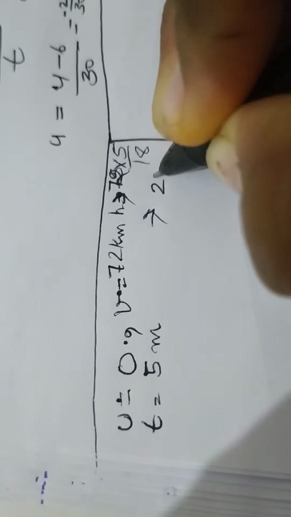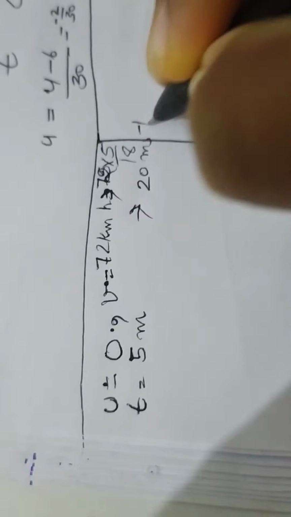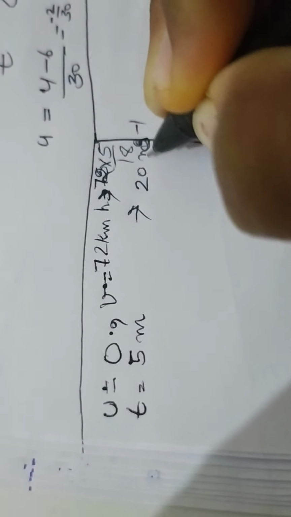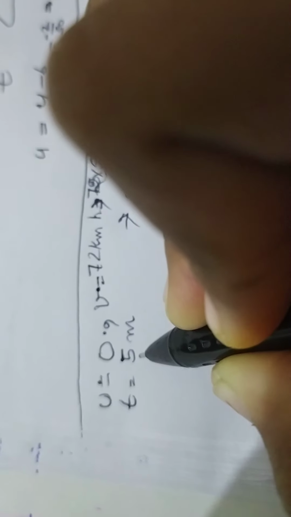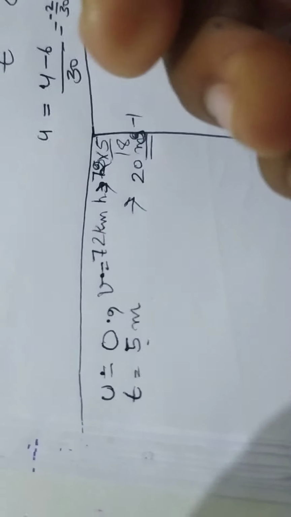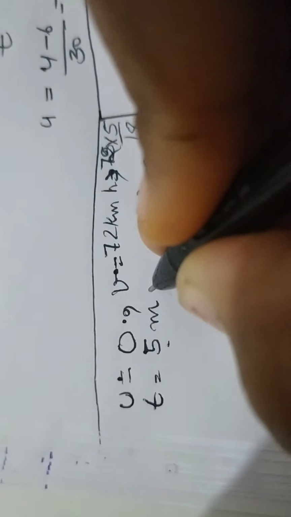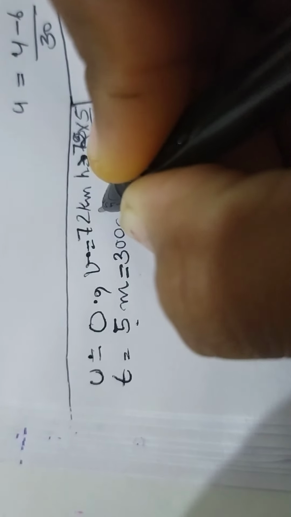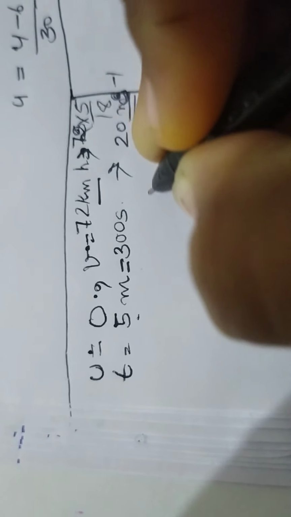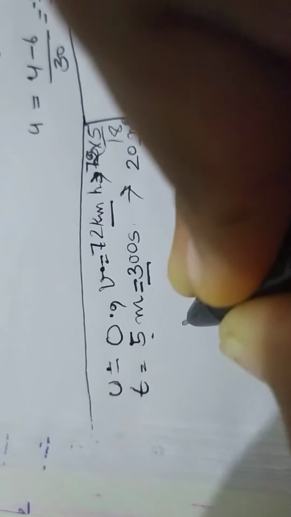We get 20 meter second minus 1. And see here, this is meter second and this is minute. There are 60 seconds in 1 minute, so we have 300 seconds in 5 minutes. We get velocity in meter second and time in second.